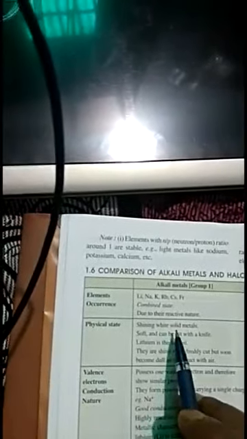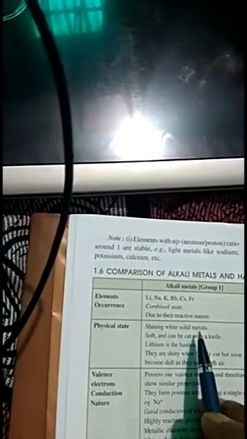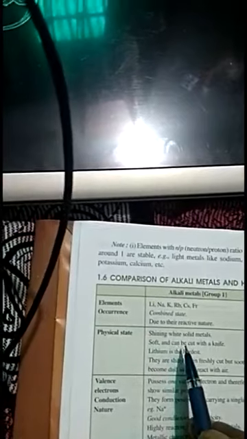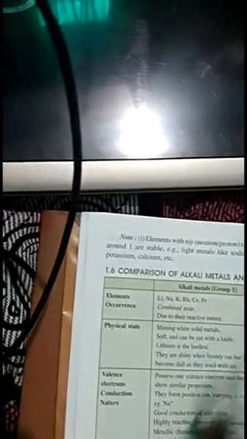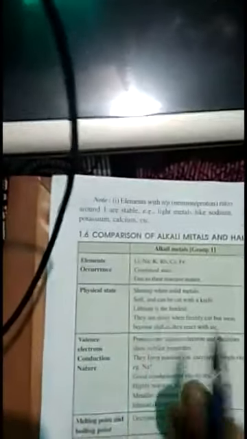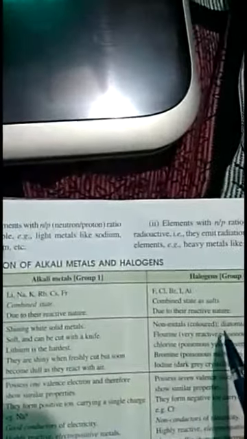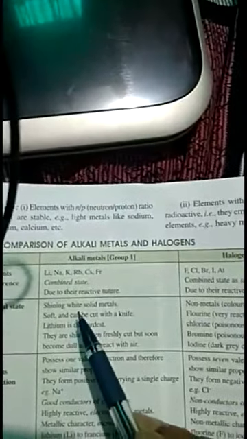Then, physical state. These alkali metals have a white shining color. They are soft. Sodium and potassium are so soft that they can be cut by a knife. Among these metals, lithium is the hardest. All alkali metals are metals.